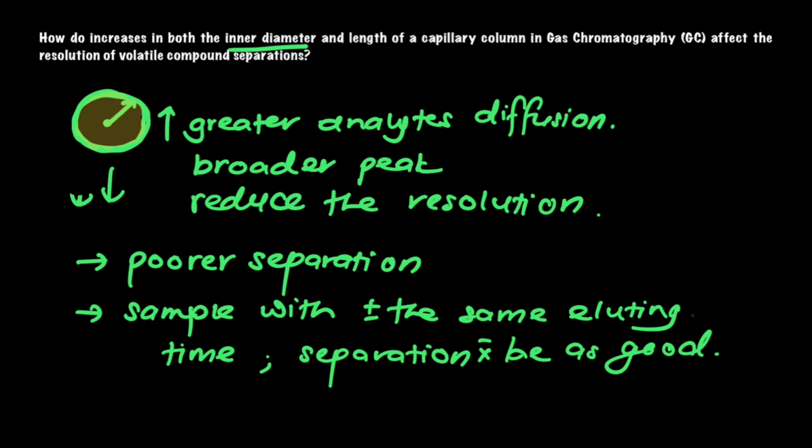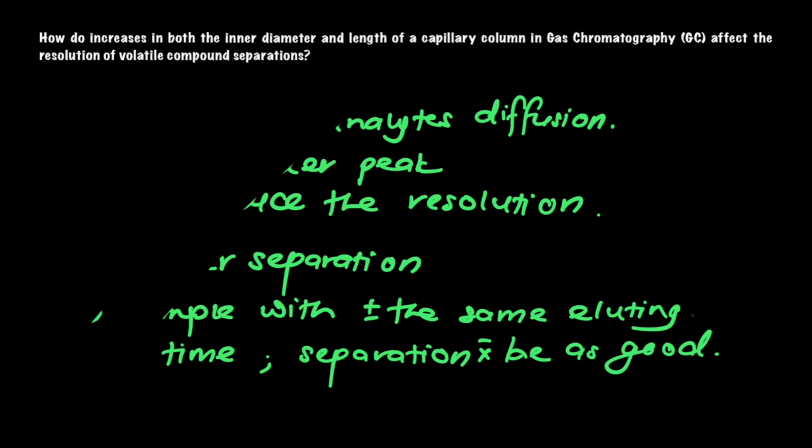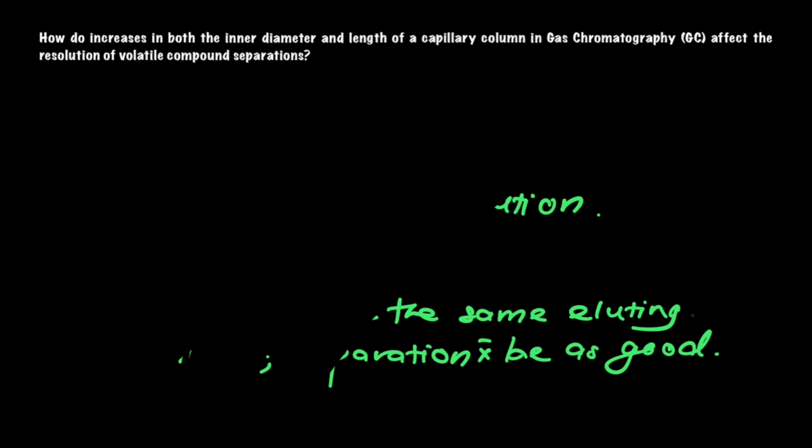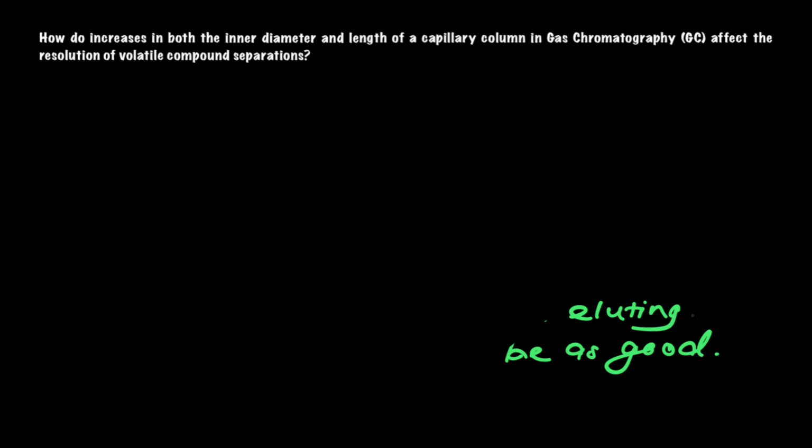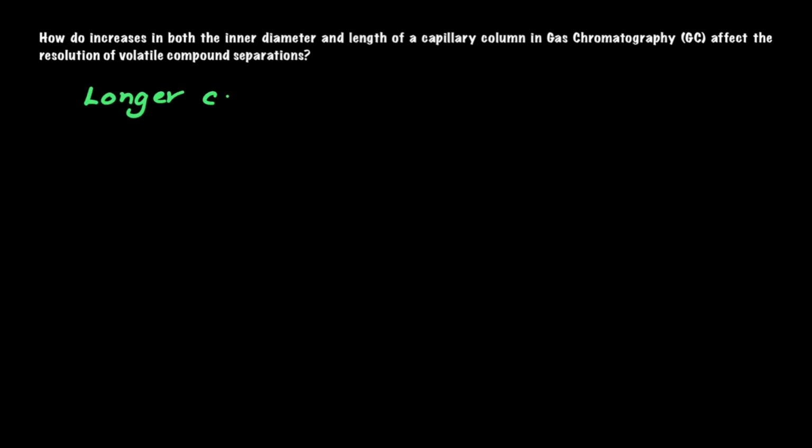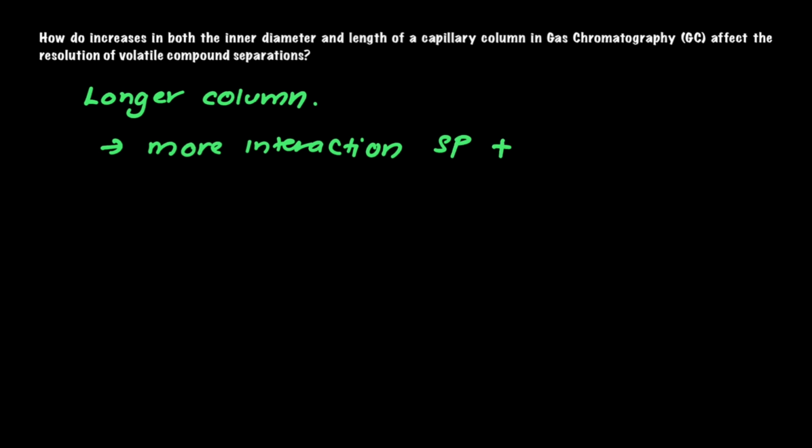Alright, so what if we change from larger inner diameter to longer length? So if you have a longer column, what will happen? For a longer column, obviously you will have more interaction between the stationary phase and also the sample.